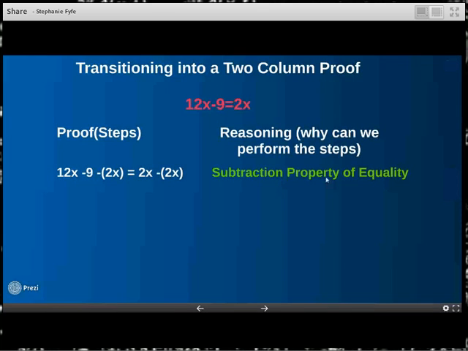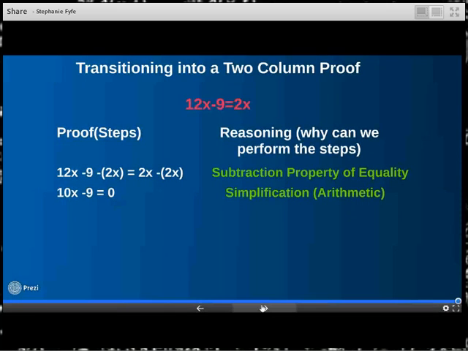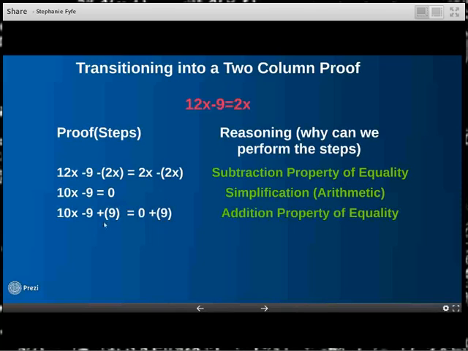I can subtract 2x from both sides because of the subtraction property of equality. Once I do that, I'm going to want to simplify it. That's called simplification or arithmetic. And that gives me 10x minus 9 equals 0, just simplifying. Then I move on to the next step. I add that 9 to both sides, and I know I can do that because of the addition property of equality.